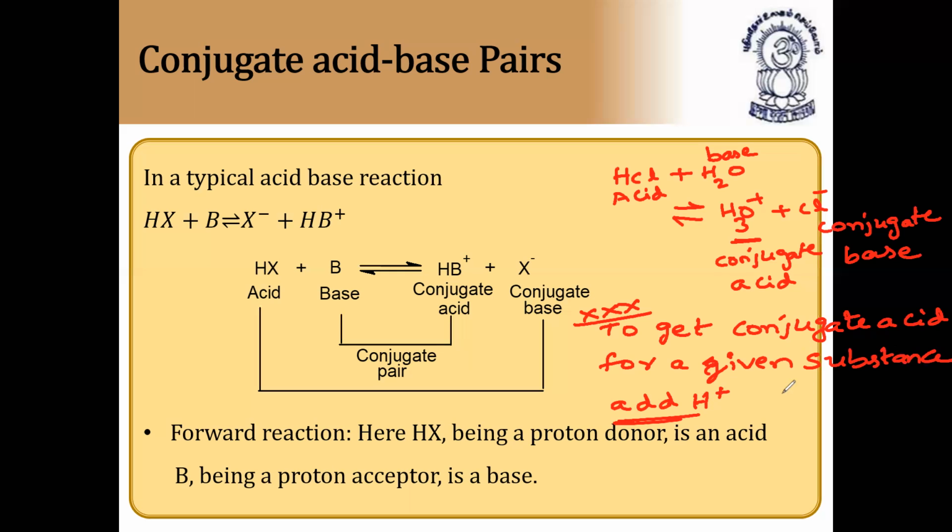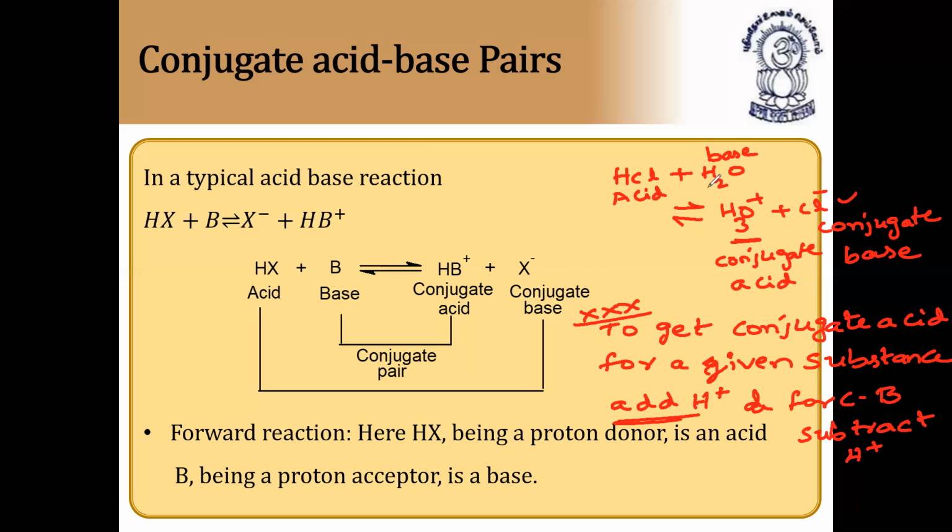Very, very important. And for the conjugate base, subtract H plus. Simple, that's all. So the conjugate base of the acid HCl is Cl minus.